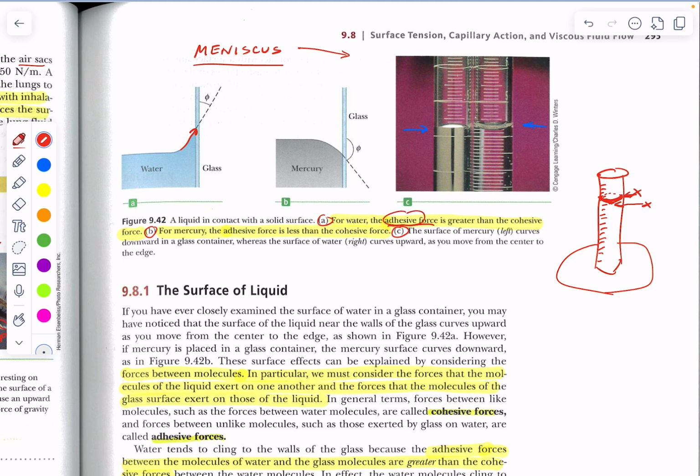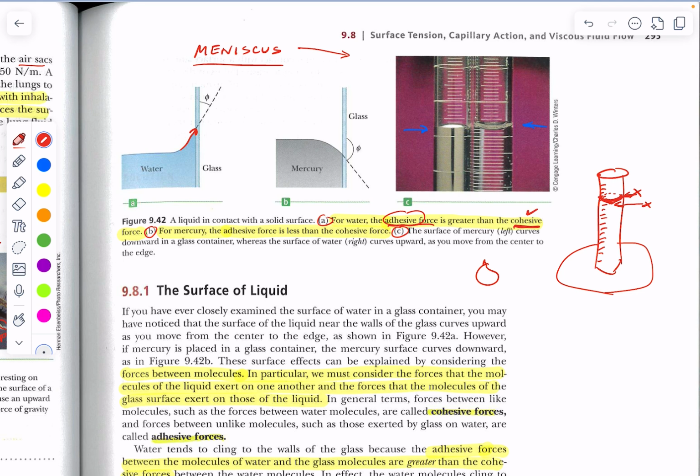If you have water acting on water, for example, in a water drop hanging from a faucet maybe, water molecules acting on water molecules would be cohesive because they're the same. So adhesive is when your forces of interaction are between different molecules, cohesive when they're between the same molecules.